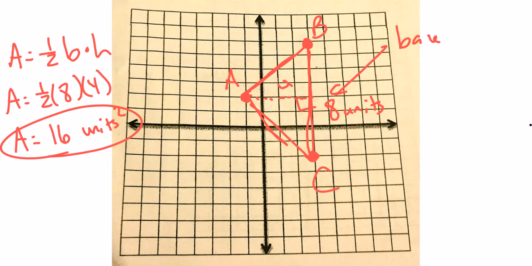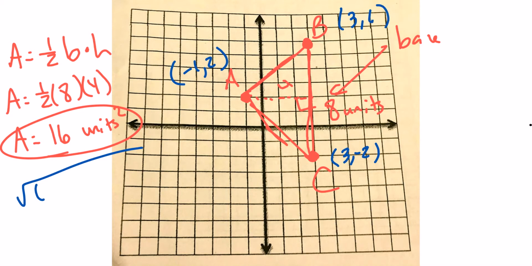So I'm going to use the distance formula here for A and C and A and B because I don't know how far they are. So A, remember, is (-1, 2), and C is (3, -2), and B is (3, 6).